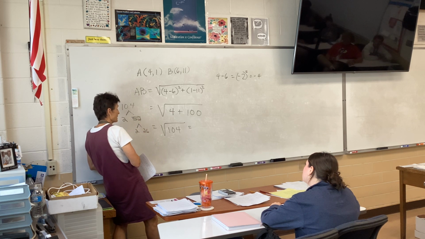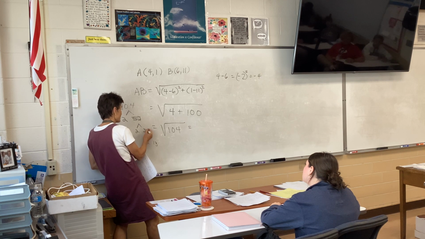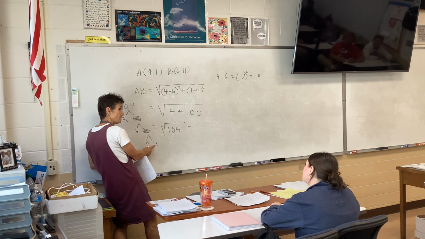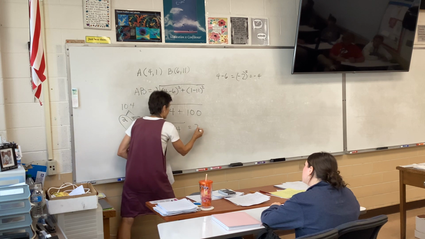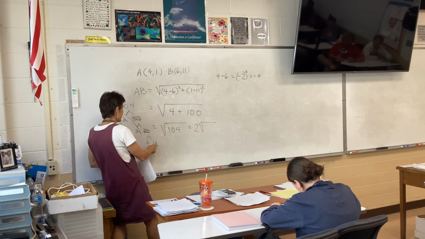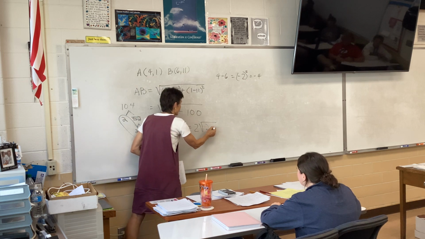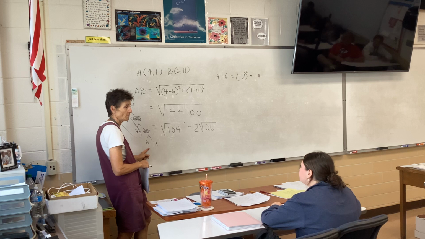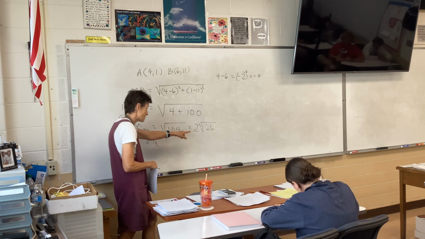Remember, as soon as you break it down, it disappears from your list. 26 is 2 times 13. So I end up with a 2, a 2, a 2, and a 13. So 2 things come out, and everything else stays in. Everything here is multiplied, so that 2 and that 13 are multiplied. And this is the full credit answer.